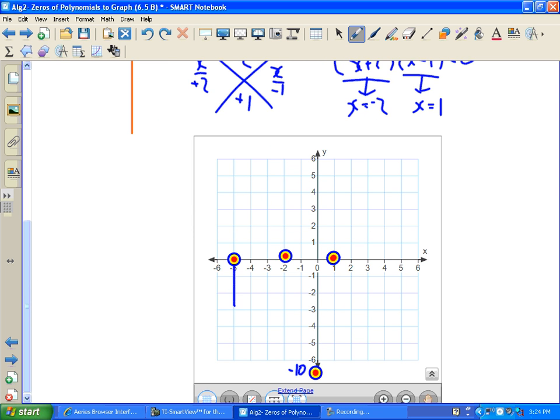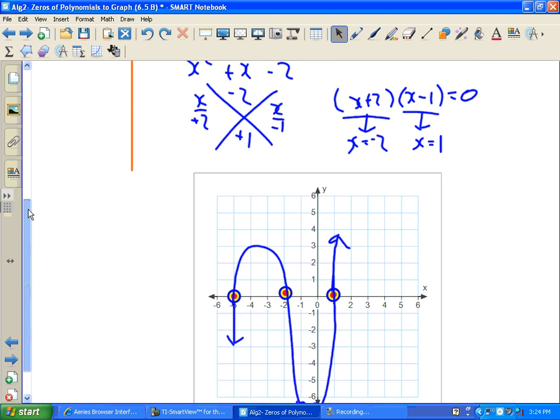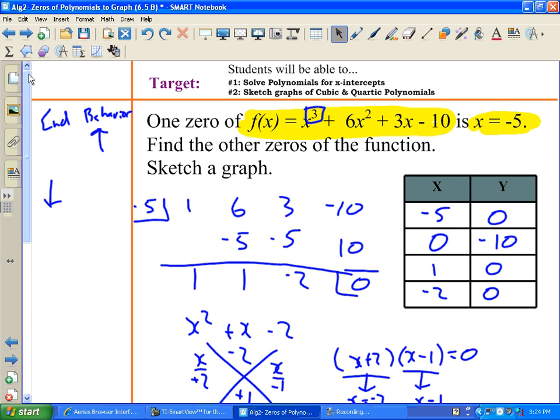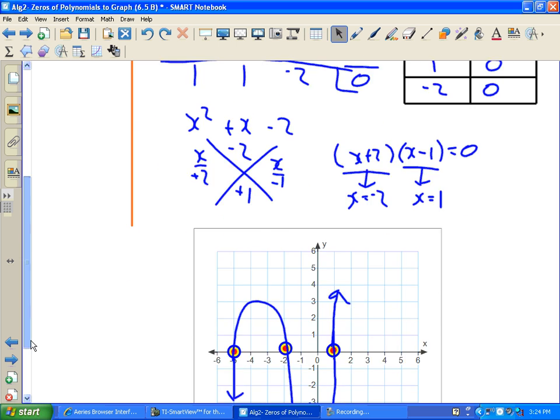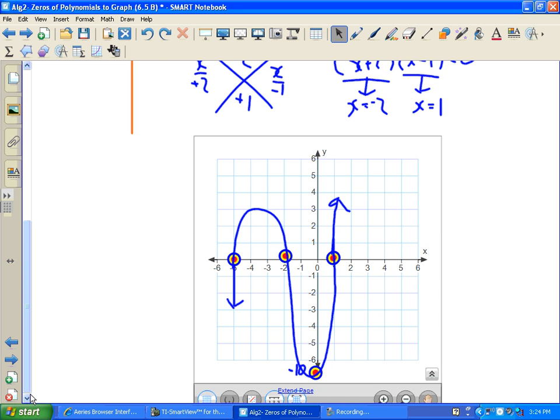We've got to be down at this end, up at this end. One smooth, continuous curve, only going through our roots and our y-intercepts. And there we go. That's it. Make sure you're okay with how it all goes together. All right. I will see you guys tomorrow.